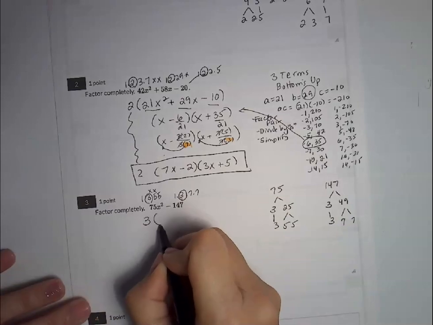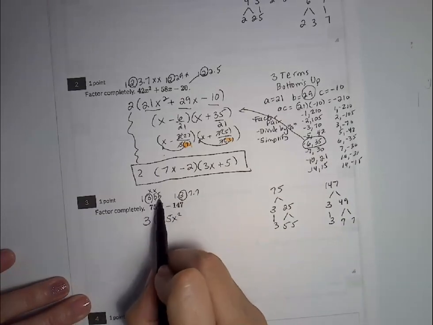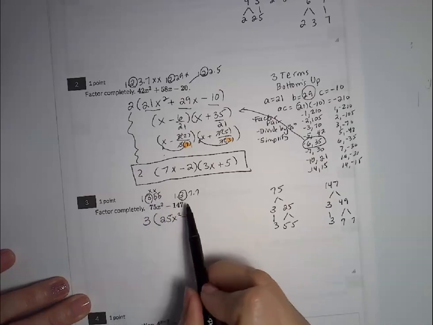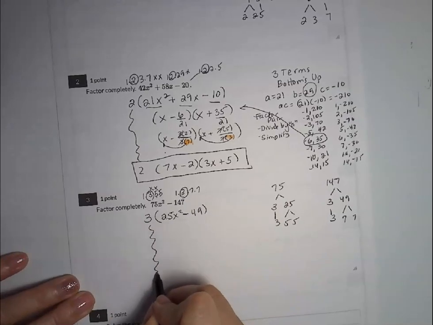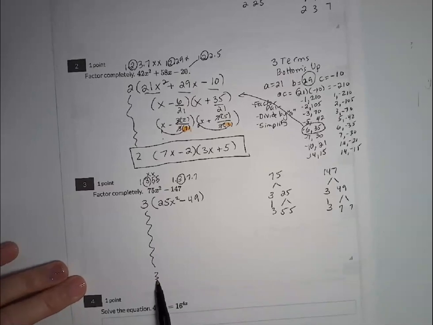So 3 times 25x squared, 5 times x, match the sign, and then 7 times 7 is 49. Once again, I put this on my answer space, type it in so you don't forget it.